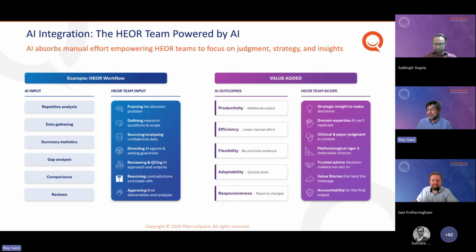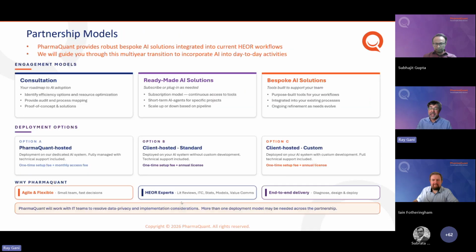So the last slide is more about PharmaQuant and how we work with our clients, and how we can provide support when it comes to AI. It is a bit of a pitch from us, but we have different engagement models. We're currently working with a range of different clients.